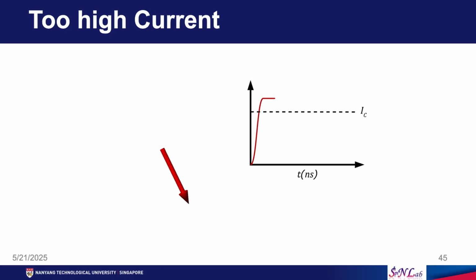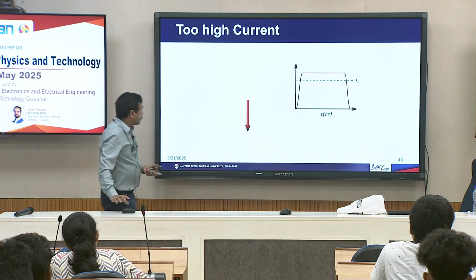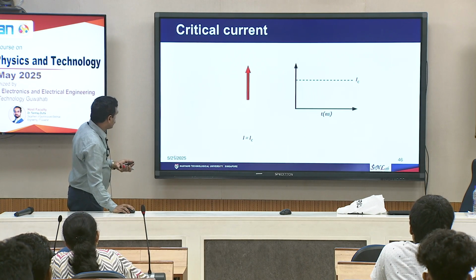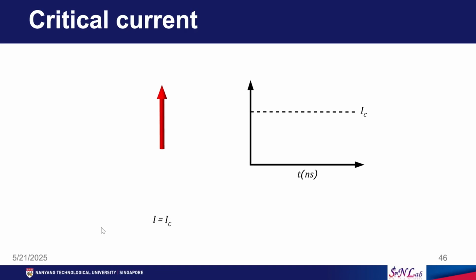Even though your pulse width is so large, you can switch much before your pulse ends. What it means is that during all this time you are wasting energy. So, people normally choose the critical current for that pulse width. If you choose the right current for the right pulse width, then you can achieve effective switching.